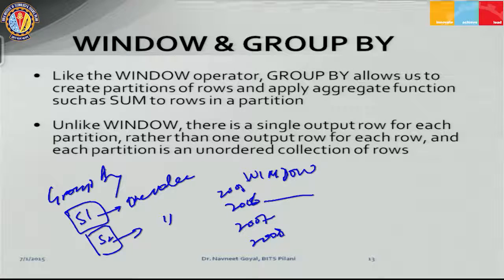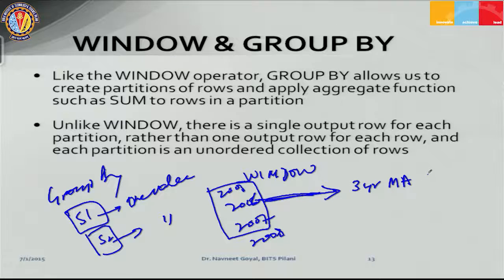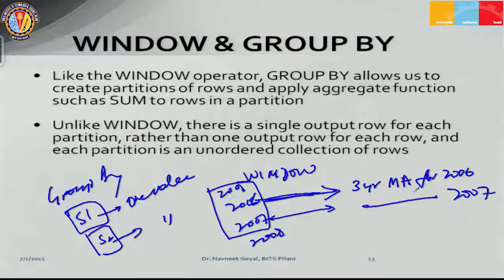So I'm making a partition which is say 2005, 2006, 2007, right? So I'll get an output for 2006 which is a 3-year moving average for 2006, right? Similarly, I will also get a 3-year moving average for 2007 and so on. So every row in the window has a value, which is an aggregated value in some sense, typically an average. So that is the basic difference between group by and window.